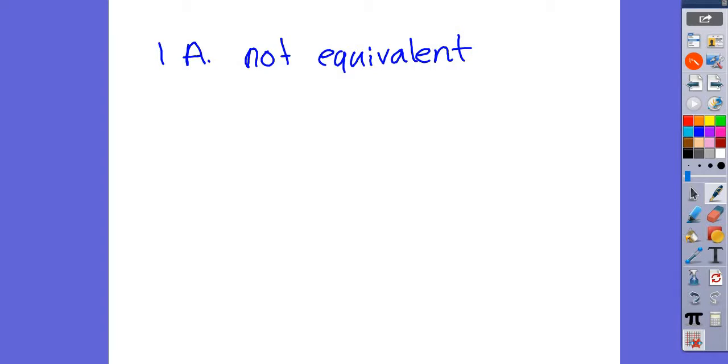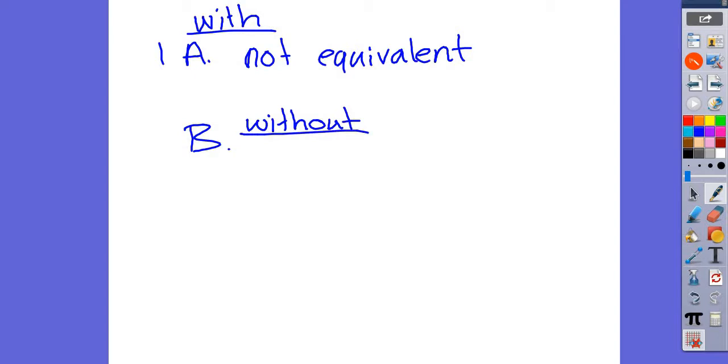Wait, should we write that for number 1? 1A, not proportional. And we underlined the word with because we were looking at the second one. Wait, we put not equivalent or not proportional? Not equivalent. 1B states without, so I'm going to underline that. That means I'm looking at the first table, and it asks what I notice about the quotients.